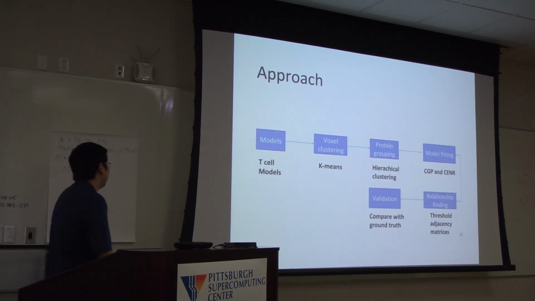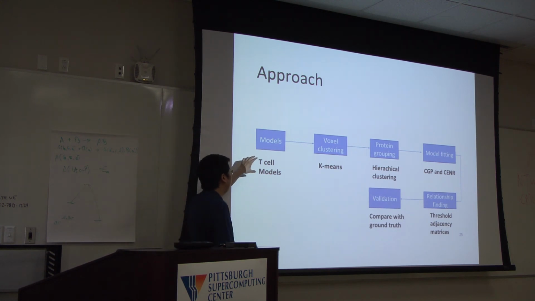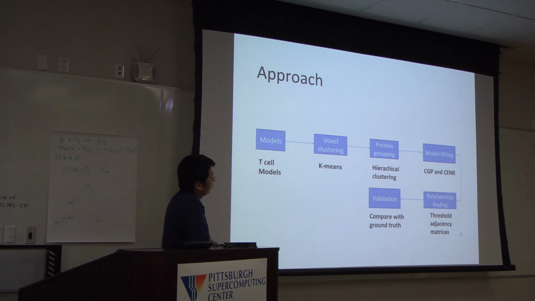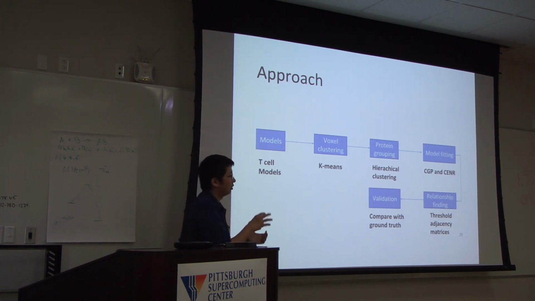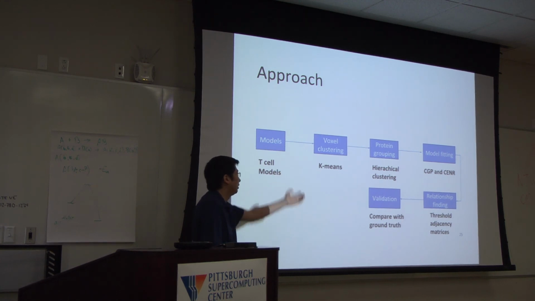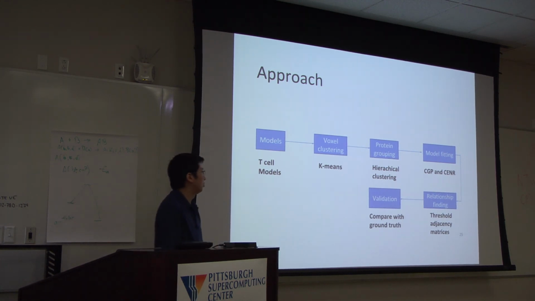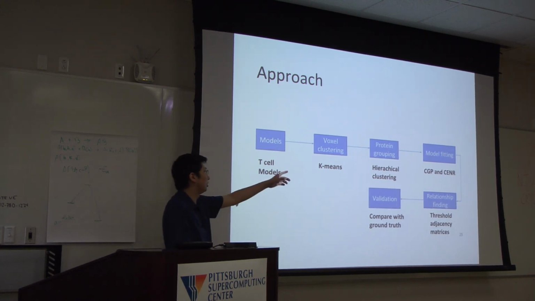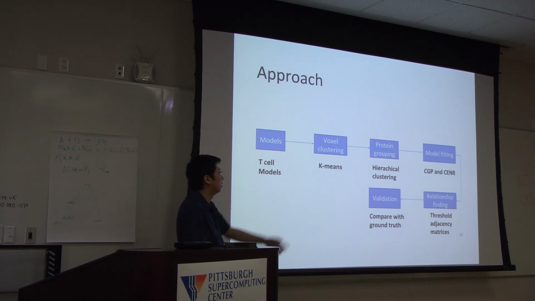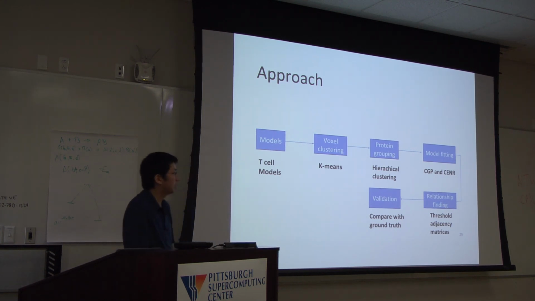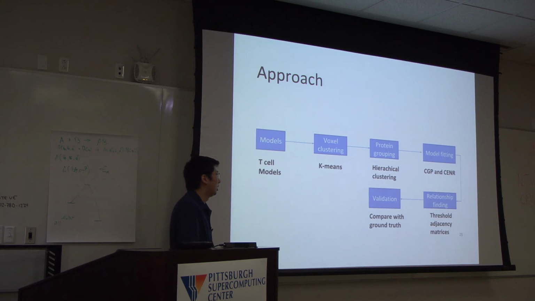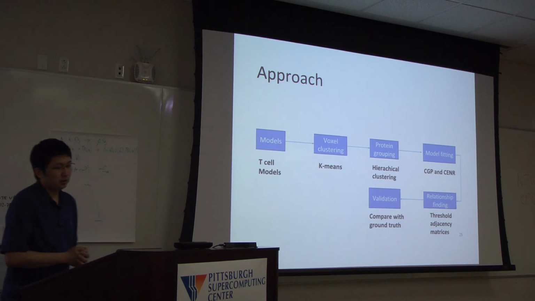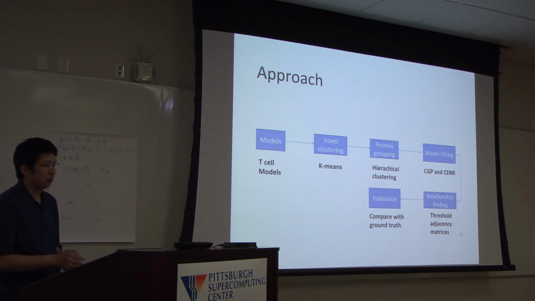So here is a basic pipeline. First we use our model as input, and then we do k-means clustering to define the regions, and then we use hierarchical clustering to group proteins that have similar patterns, and then we apply some methods to learn the model, and after that we can find some potential relationships, and at last we compare the relationship with ground truth.